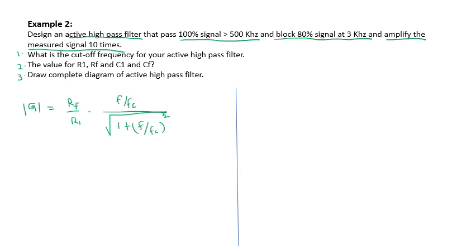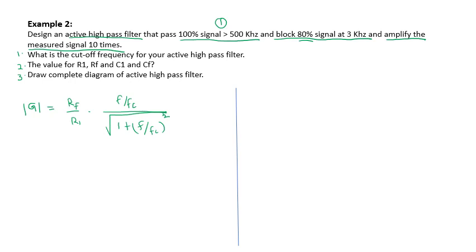From the first example, we know we cannot use this condition because we cannot solve for fc using it. But here it is 80%, so we should be able to use this information to solve for fc.